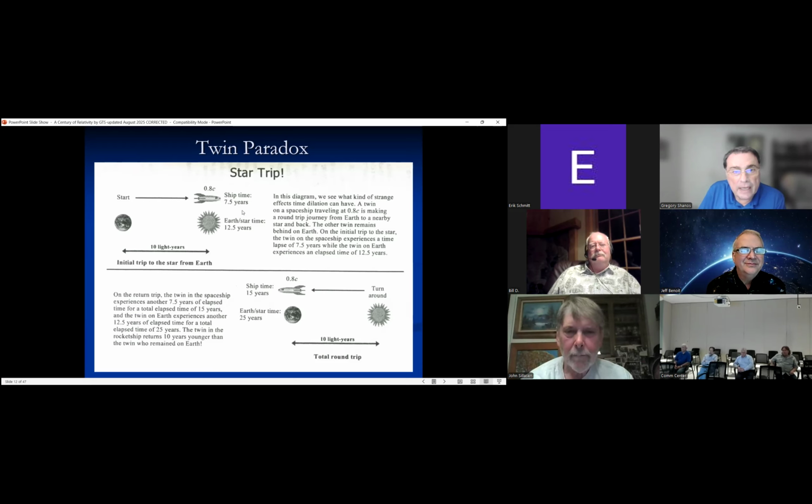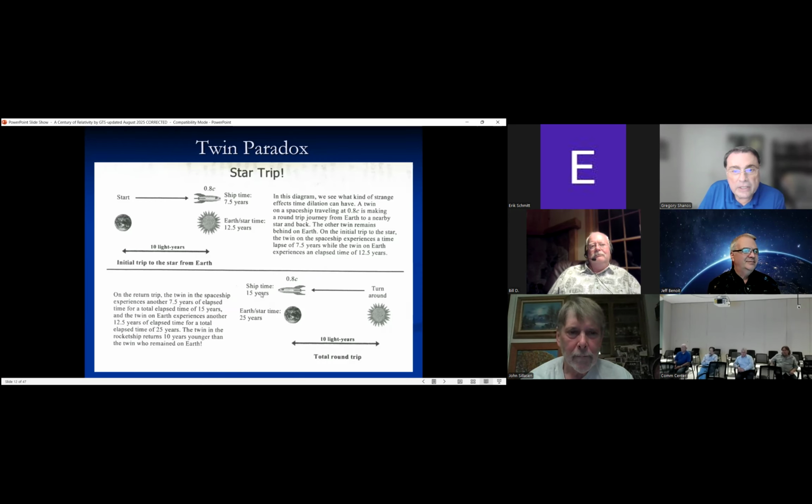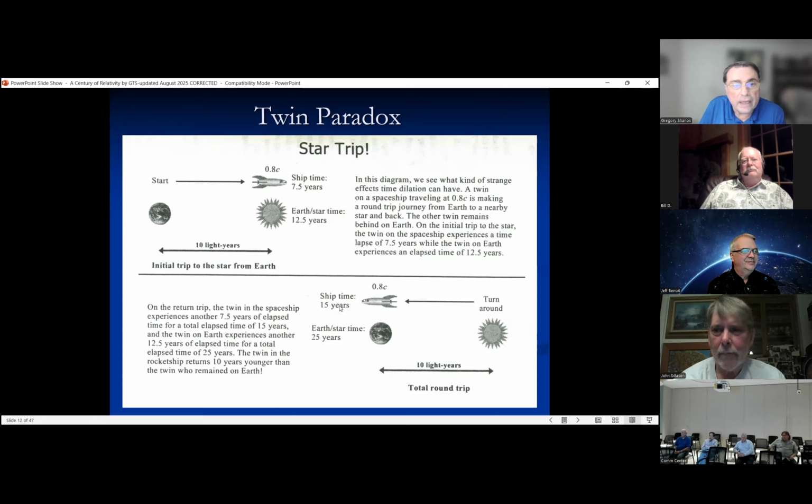And you can plug these values in here to get the answer. This is just simple high school algebra right here, but it just seems very counterintuitive. But like I said, it's relative. He's moving 0.8 c. So the person on Earth looking at his twin's time in the spaceship, his time is dilated, his length is contracted, and his mass is increased.